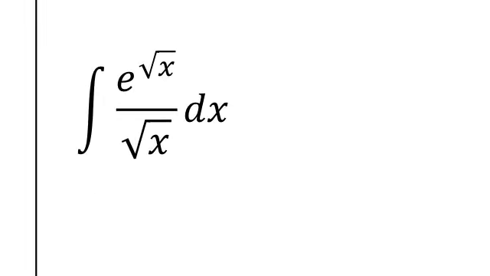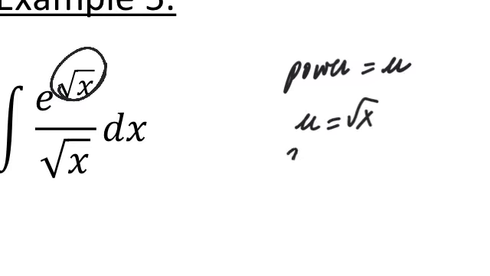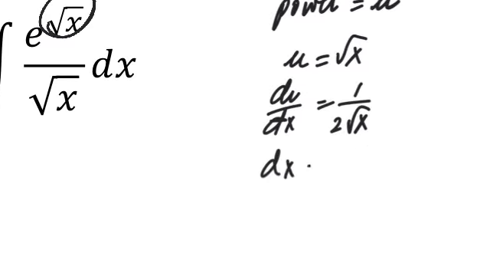Example 5, exponential. When you have an exponential, the power is the inside function, and that power is what you should usually call u. So u is going to be equal to root x. du dx, as we know from before, is 1 over 2 root x. dx is equal to 2 root x du.